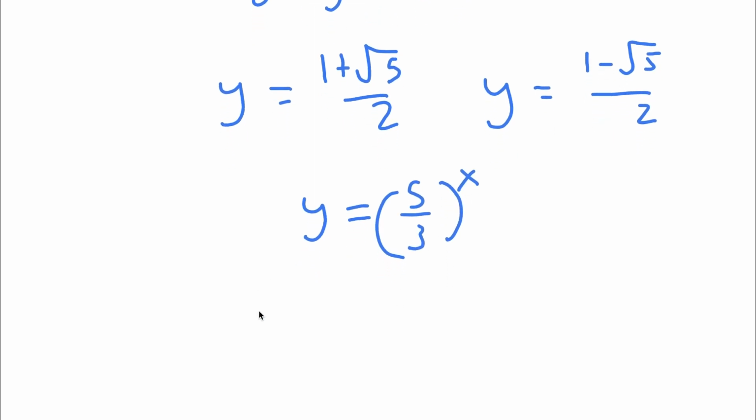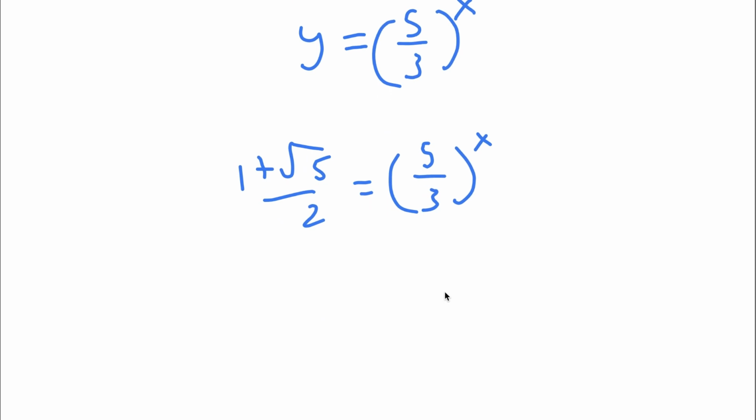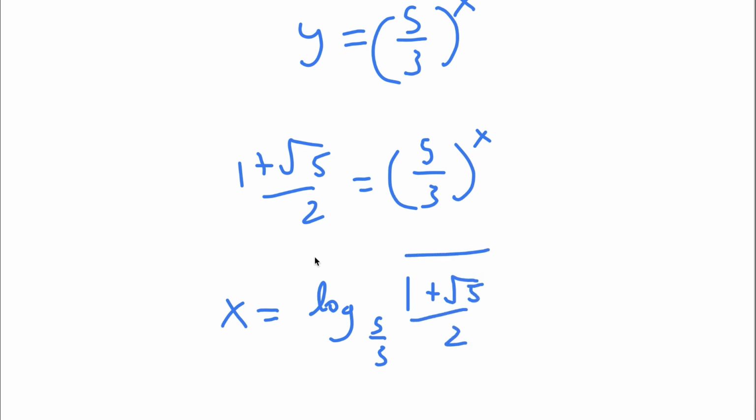Now, remember how y is equal to 5 over 3 to the power of x. So now I have 1 plus the square root of 5 over 2 is equal to 5 over 3 to the power of x. And now this can be written as x equals log base 5 over 3 of 1 plus the square root of 5 over 2.